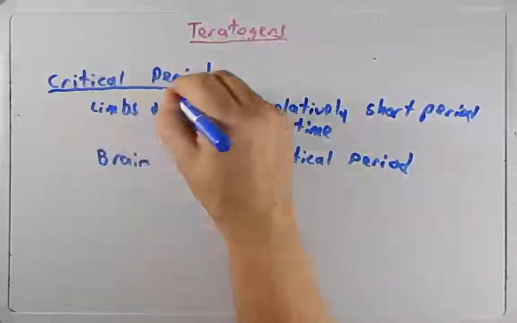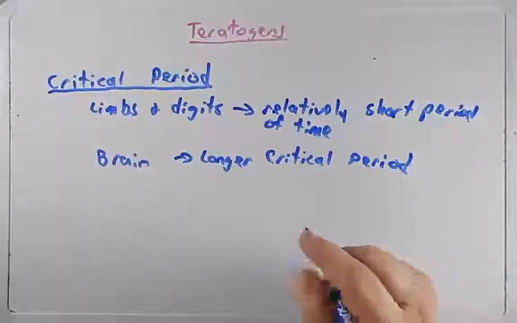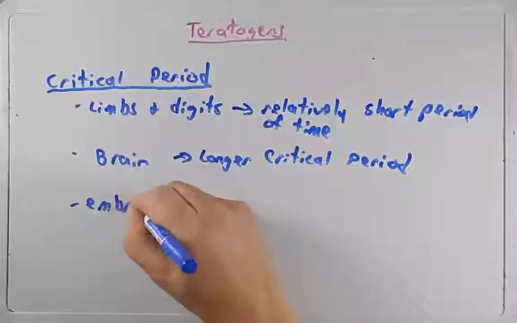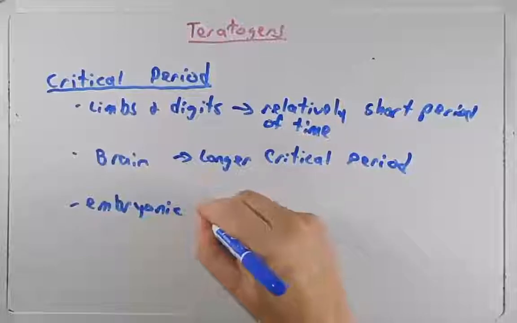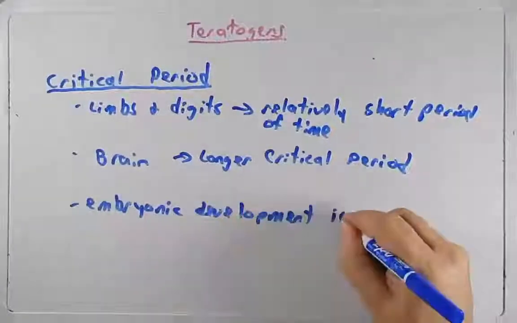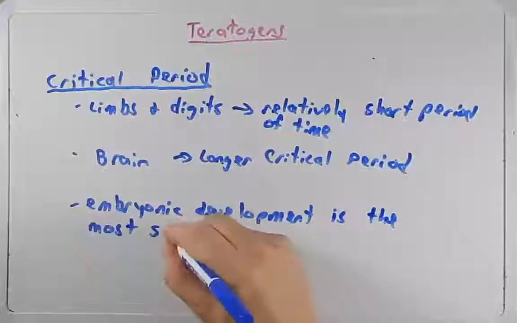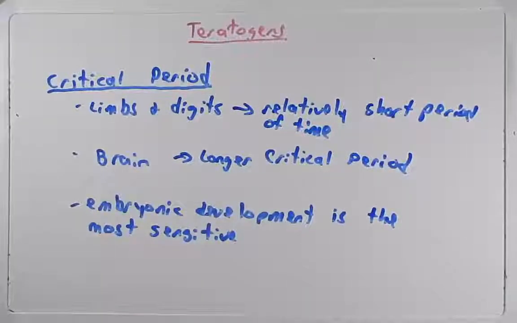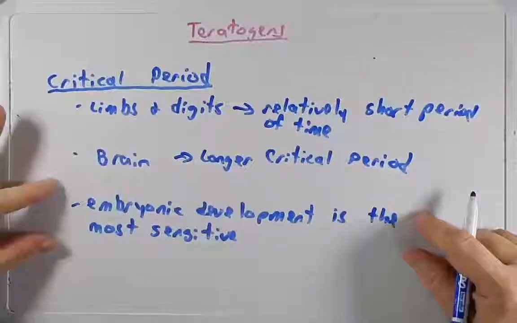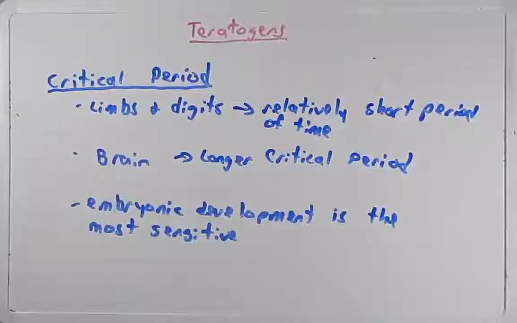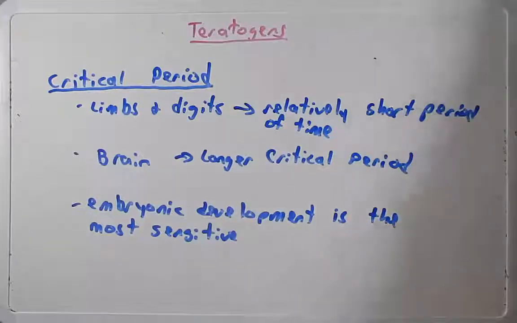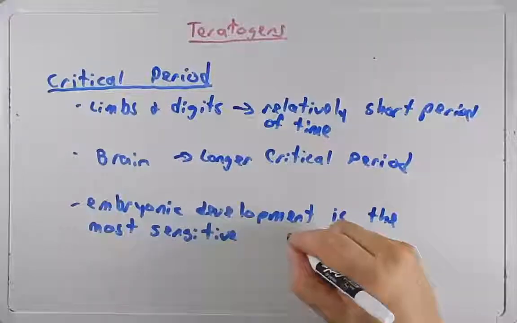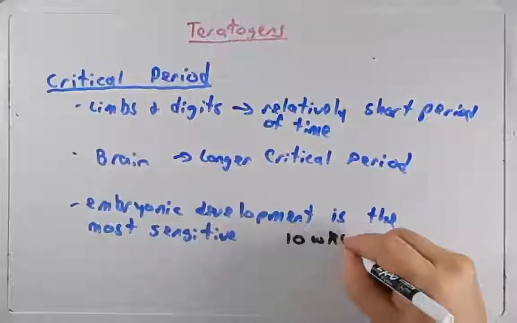Though any time during pregnancy can create problems, we know that embryonic development is the most sensitive. And the scary thing about that, I've always thought, is that sometimes women don't know they're pregnant during this very critical time early in the gestation period. I should also point out that embryonic development, that time period, is about the first 10 weeks from fertilization on.